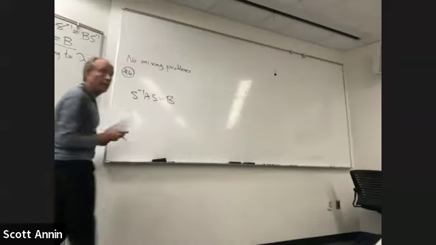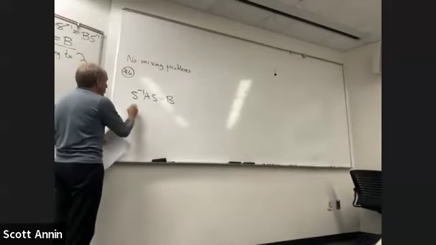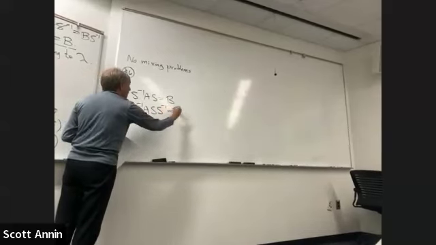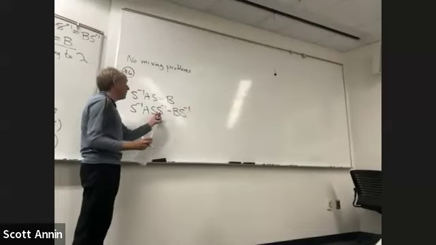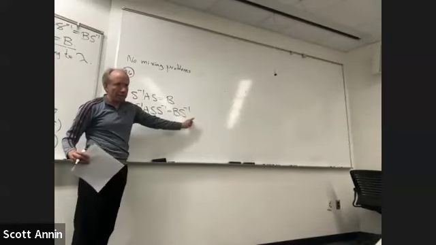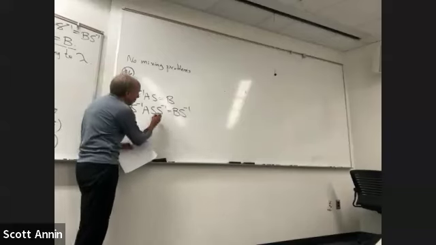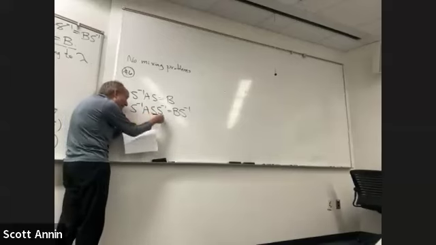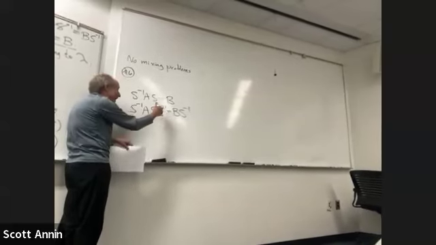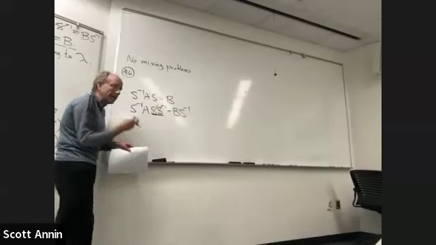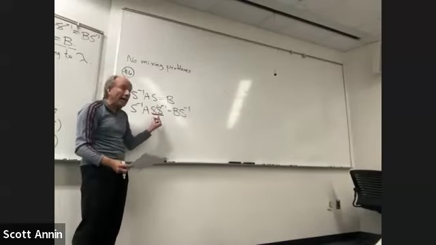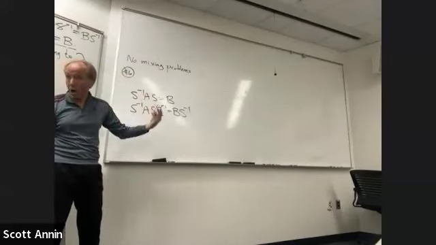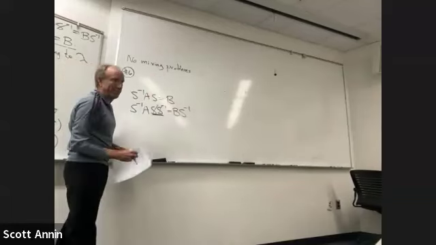This is what we started with. What I did is I took this equation and I put an S inverse on the right of both sides. Whatever I do to the left side, I have to do the same thing to the right side. I cannot cancel this S inverse with the S, but here they are right next to each other, so I can cancel them. When I cancel them, what I really mean is it turns into I, the identity matrix, which is like multiplying by the number 1. So it just disappears.